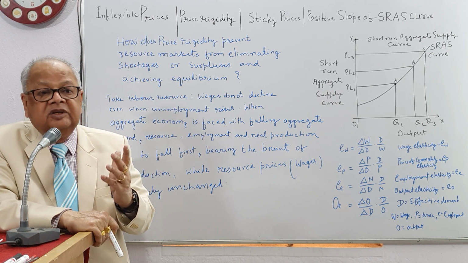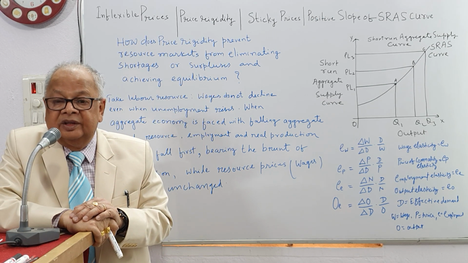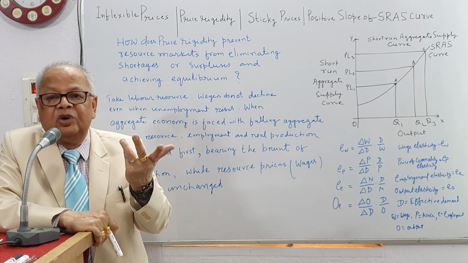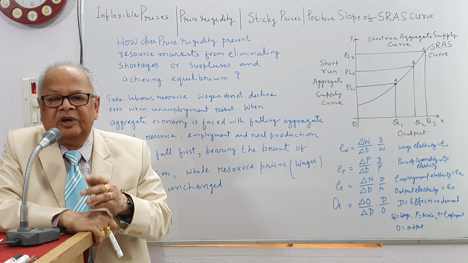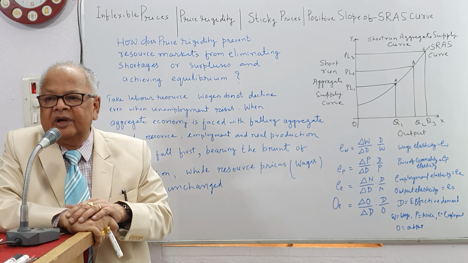So aggregate demand in macroeconomics is different from demand in microeconomics. In microeconomics, demand is a function of price, keeping other factors constant. That is individual demand.